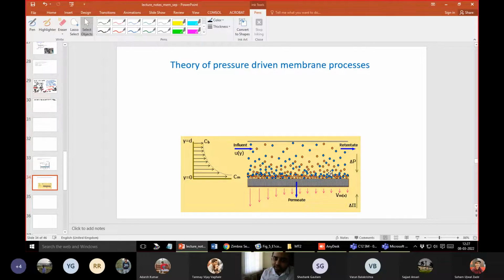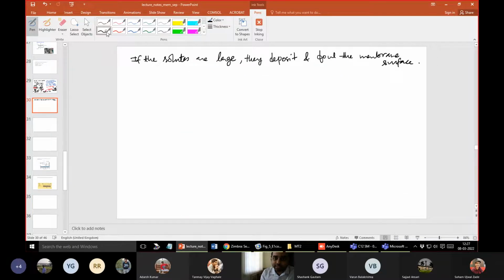Now this gel acts like a dynamic membrane, or a dynamic layer, over the surface of the membrane, which offers additional resistance to the transport of the solvent, to the filtration process. So this leads to the formation of the gel, and this adds resistance to the transport.